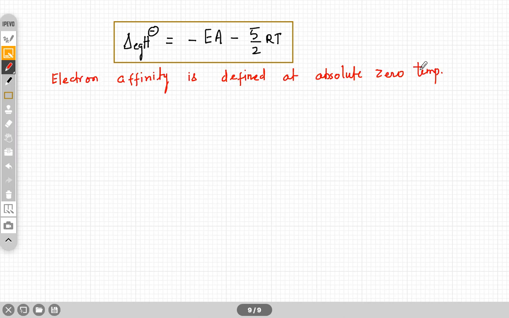Just one thing you have to take care of here, that electron gain enthalpy is the amount of energy released when an electron is added to an isolated gaseous atom.